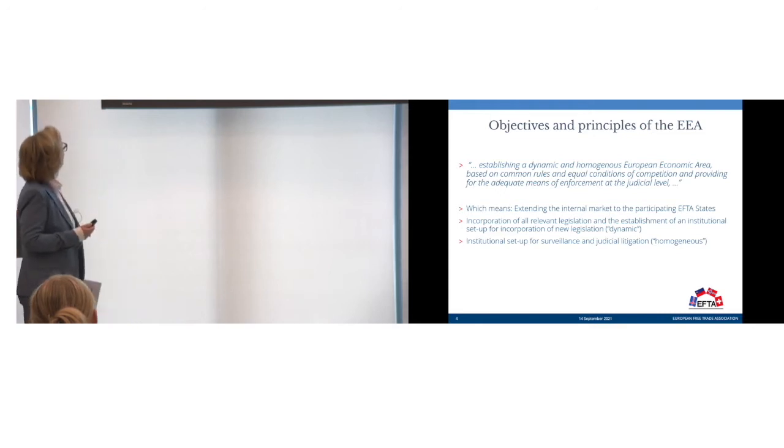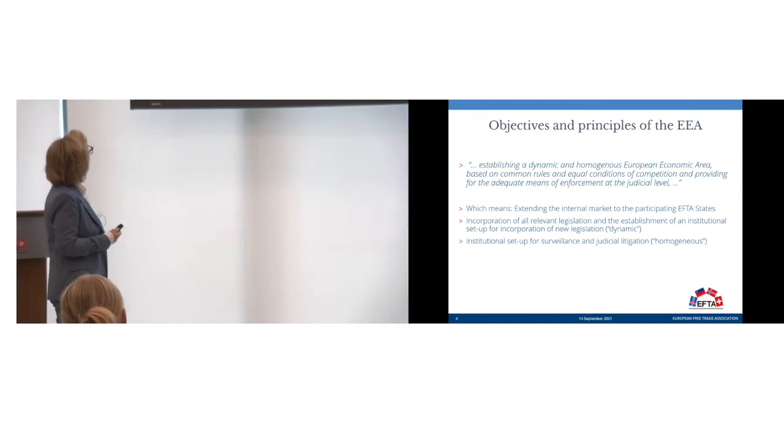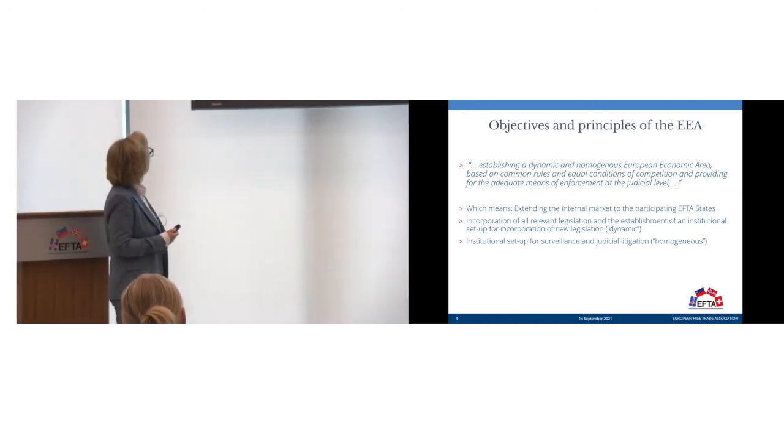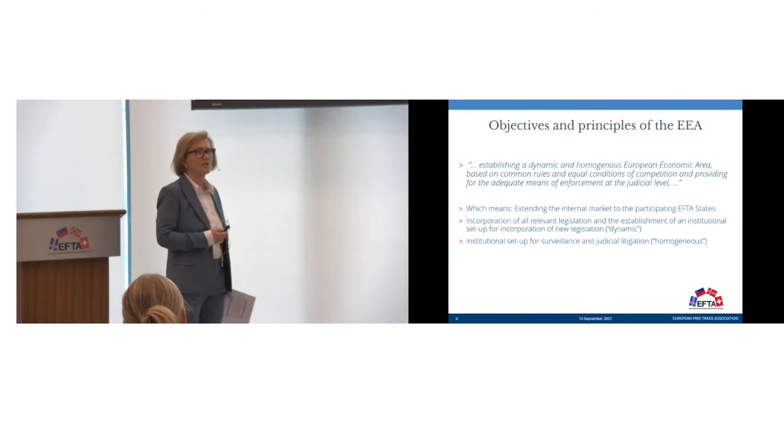The objective of the agreement you can find in the agreement itself. It establishes a dynamic and homogeneous European economic area based on common rules and equal conditions of competition, and also providing for the adequate means of enforcement and judicial level.